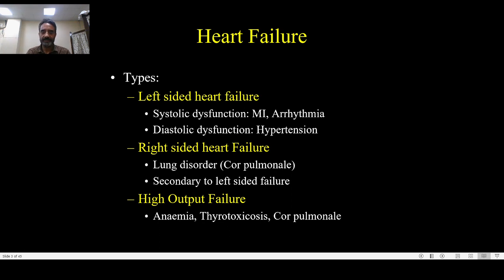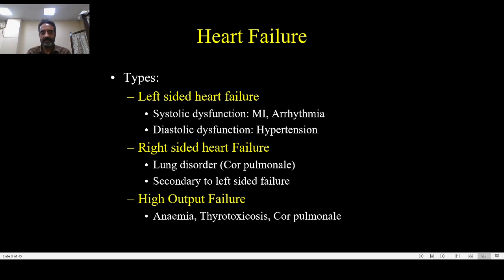Long-standing hypertension can change the size of the heart. The heart size increases due to continuous workload over the heart, the afterload that is there, and the chamber becomes hypertrophic. The muscle becomes hypertrophic, and the capacity of the heart chamber is reduced. So that leads to diastolic dysfunction.